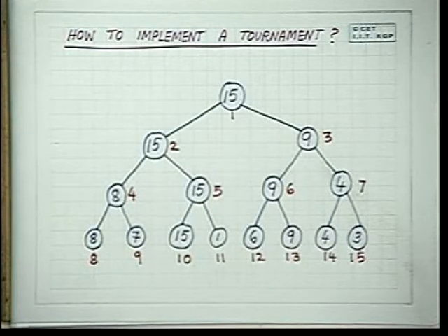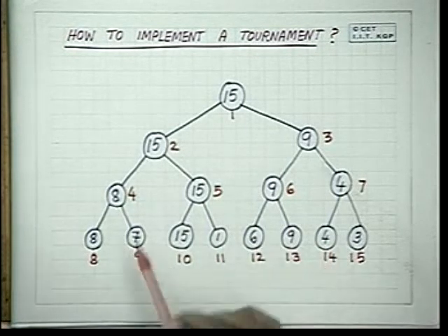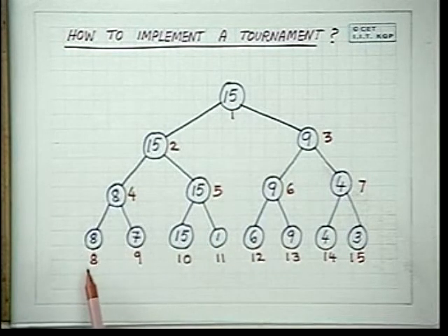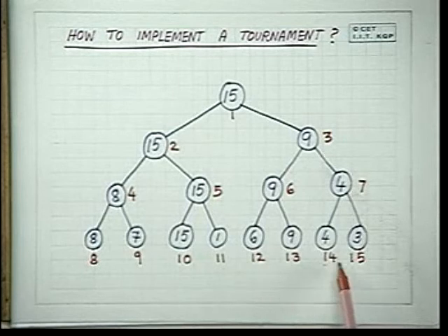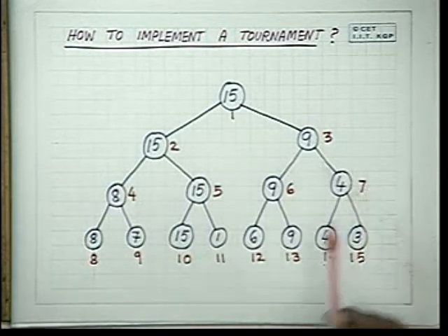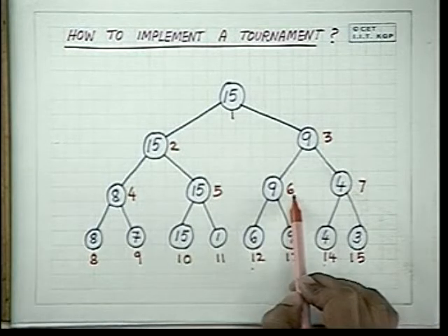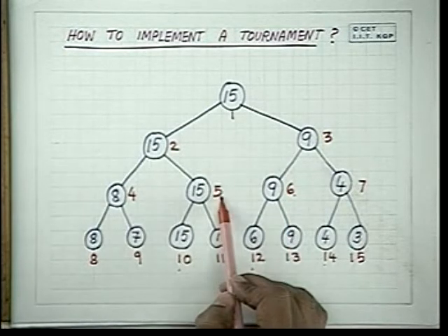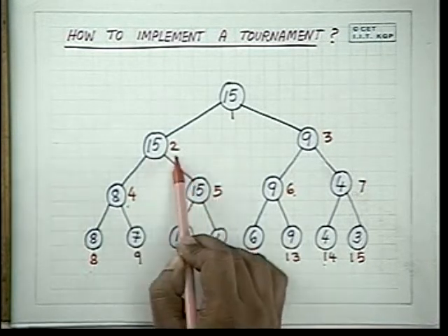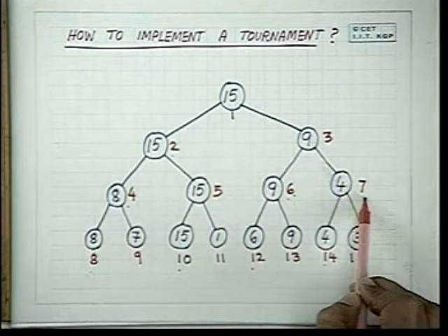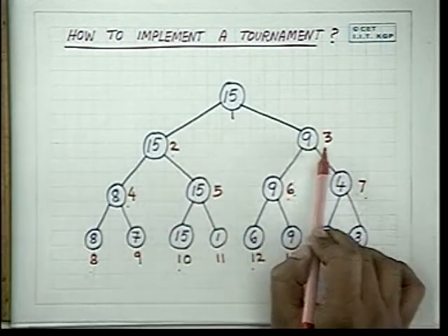Let's see this numbering. Suppose my red elements are put in array locations 8, 9, 10, 11, 12, 13, 14, 15. Then the comparison of 14 and 15 goes into 7. The comparison of 12 and 13 goes into 6. The comparison of 10 and 11 goes into 5. The comparison of 8 and 9 goes into 4. The comparison of 4 and 5 goes into 2. The comparison of 6 and 7 goes into 3. The comparison of 2 and 3 goes into 1.